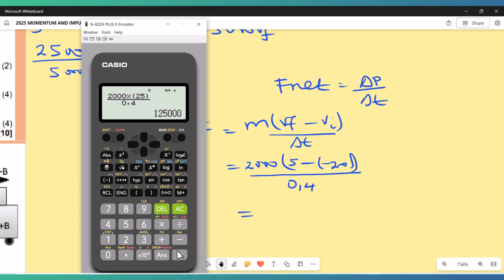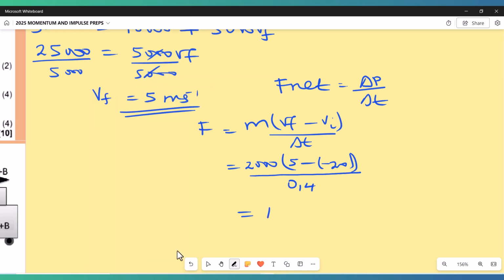It gives us 125,000. That's our force, the force by the van on the car.